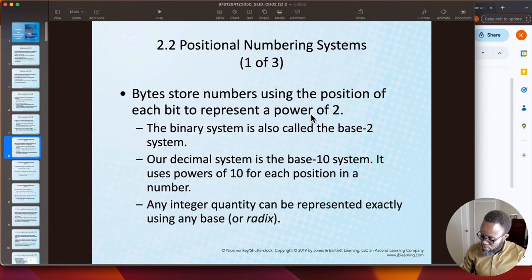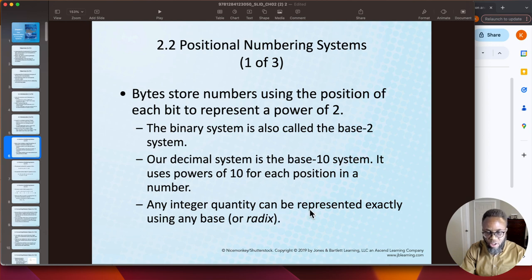For example, on page 62, example 2.1 shows you how to take the number 243 and express it in powers of 10, and you can do something equivalent in powers of 2. Now, we use base 10, so when we talk about 1, 2, 3, 4, 5, we're talking about base 10. I think in this same chapter there are examples on how to convert from one base to another.